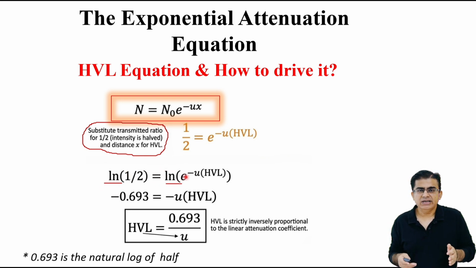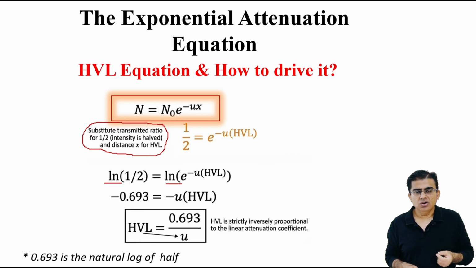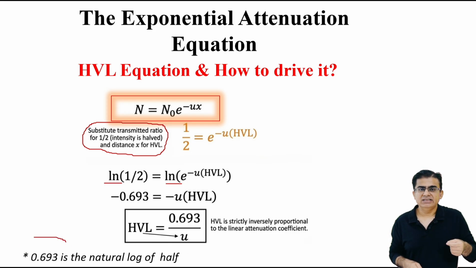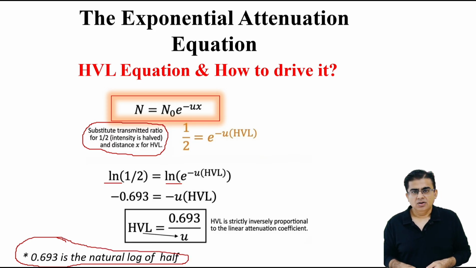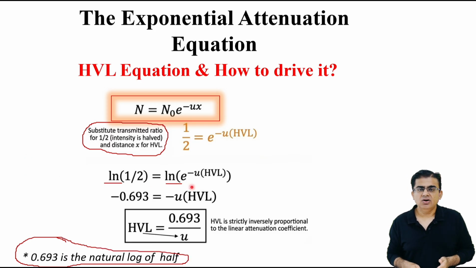See, you absolutely do not need to do this complex calculation by yourself. You will require a calculator. The calculator simply tells us that the natural log of 1/2 is exactly minus 0.693. On the right side, the natural log completely cancels out the letter e.